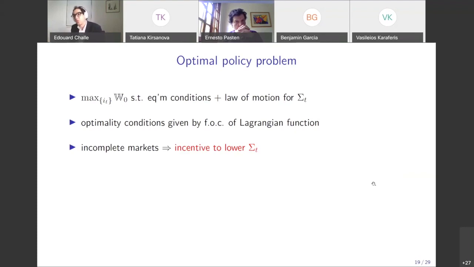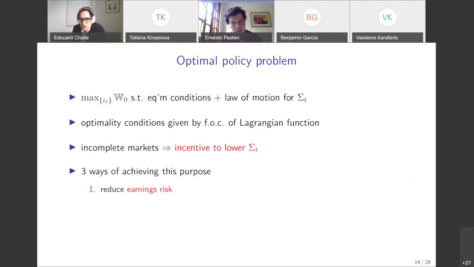Maybe there are things that you would do under RANK that you will not do, because they would involve, say, large fluctuations in the interest rate that would be detrimental to risk and to self-insurance. So you won't do it as much, for example. There is a potential conflict here with the usual objective of price stability.